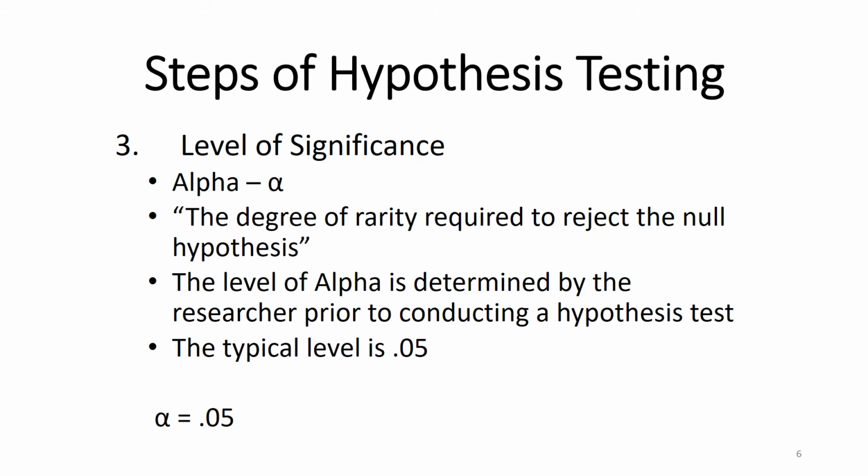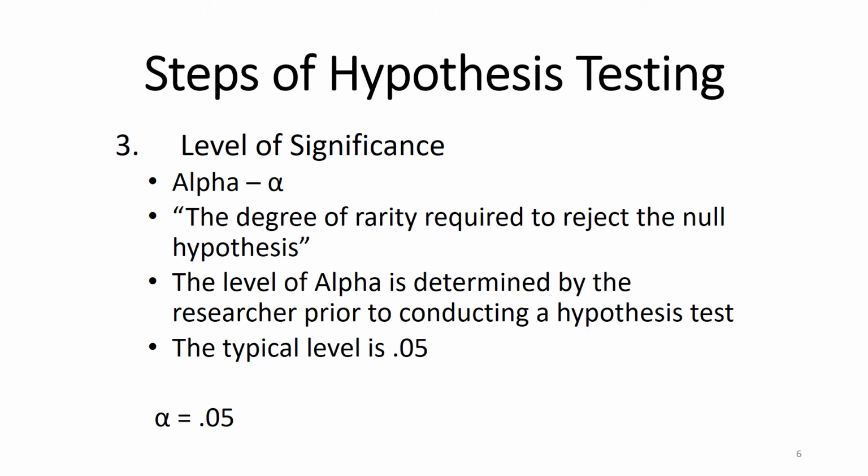Alpha is going to work with us to determine the point at which what is a rare versus a common outcome. So, looking on to the next bullet point, the level of alpha is going to be determined by the researcher prior to conducting a hypothesis test. What that means is we, as the researcher, we get to choose what alpha is.